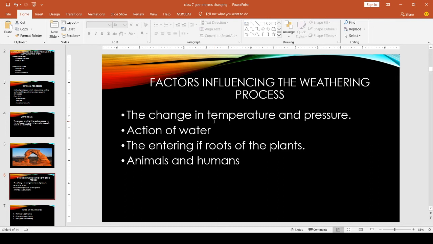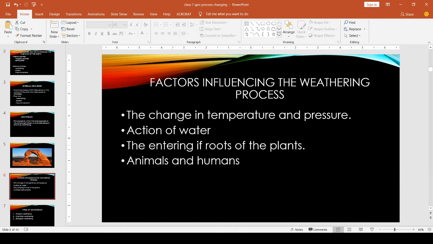We know during daytime there is heavy heat, and during night time the rocks cool. So this continuous heating and cooling of rocks makes the rocks break. That is how change in temperature and pressure causes breaking of rocks.